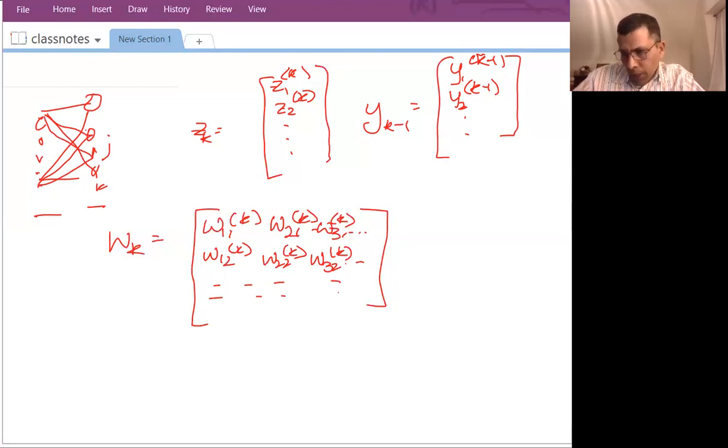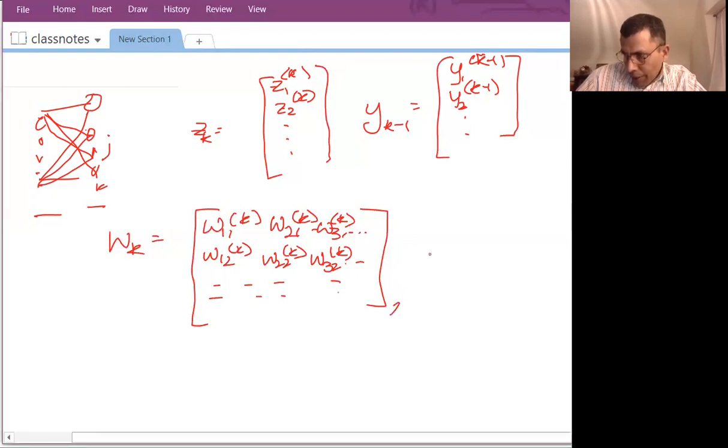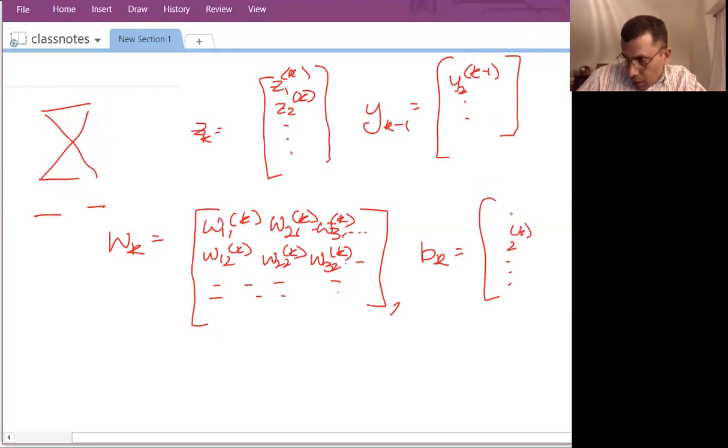Now, each of these neurons also has associated with it a bias. Let me write those bias terms also as a vector bk, which is going to be the bias for the first neuron in the kth layer, the bias for the second neuron in the kth layer, and so on.